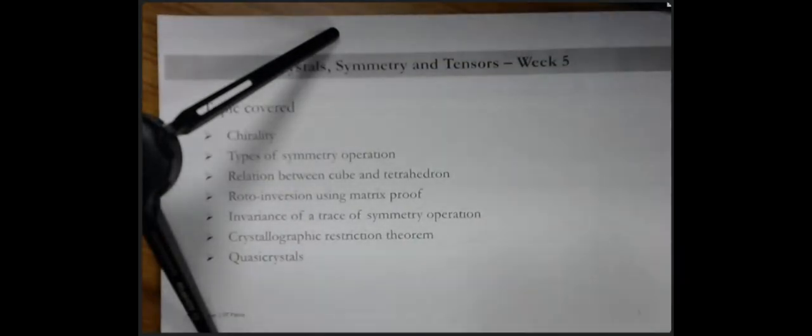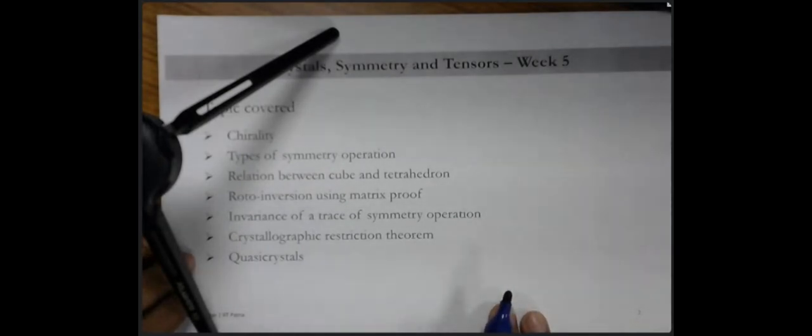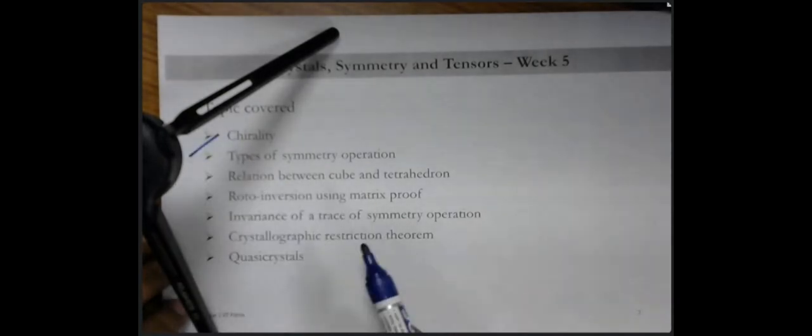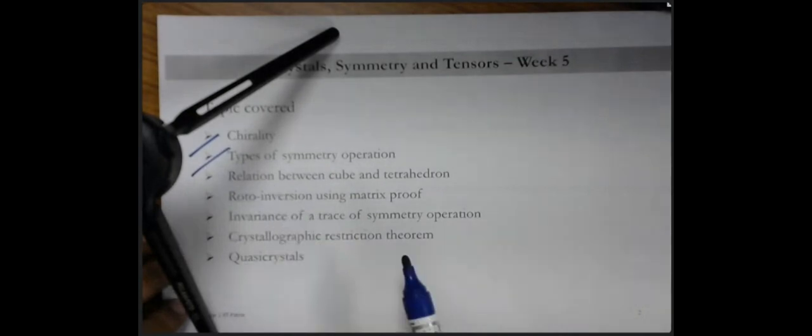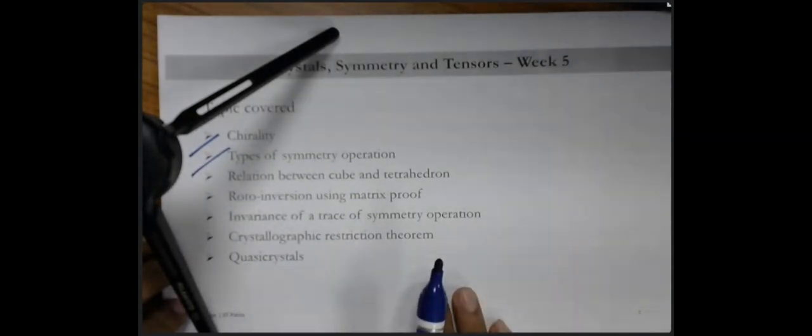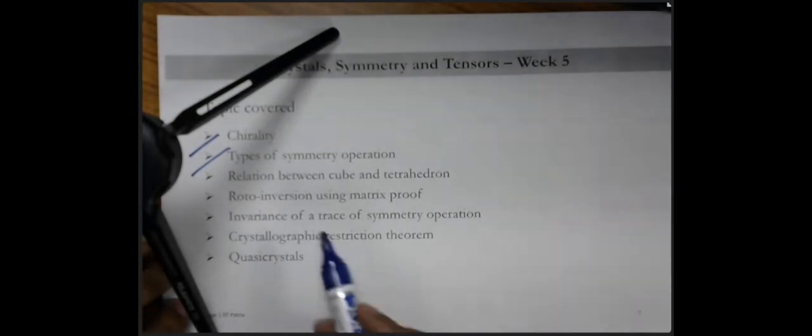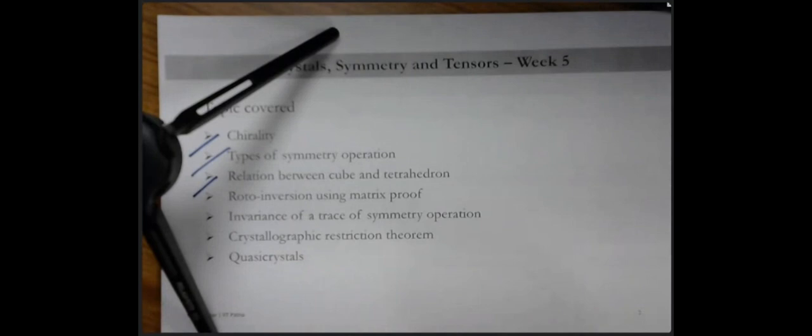Yeah, so the topics covered in week 5: we discussed chirality, the types of symmetry operations available in crystallography, and the relation between the cube and tetrahedron, what kind of symmetry they hold with each other.